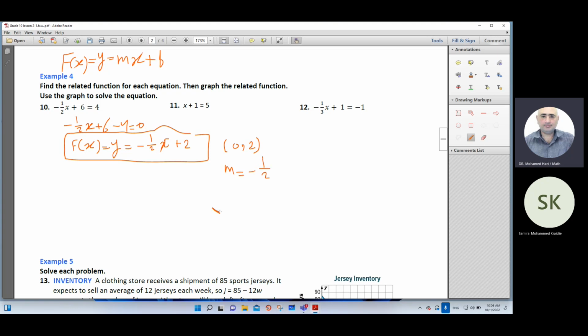So you can draw the x-axis, then the y-axis. Determine the first point, (0, 2), the y-intercept. This is 1 here, and this is 2. This is the first point.